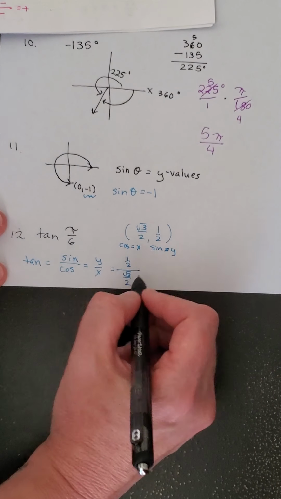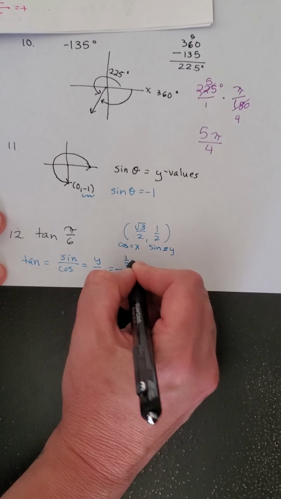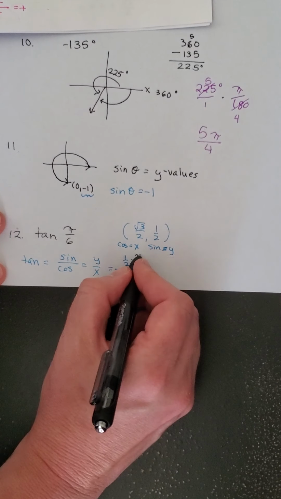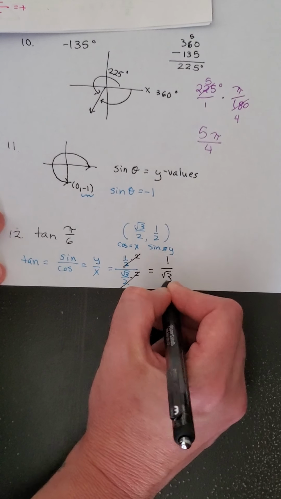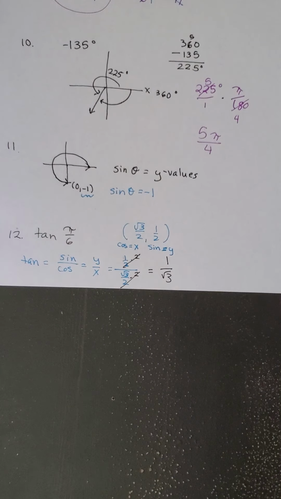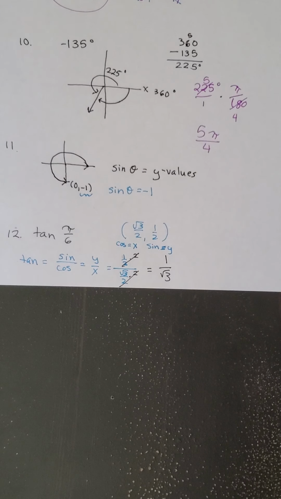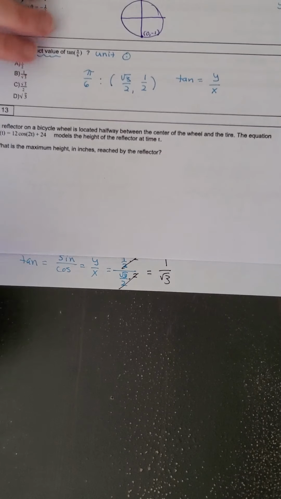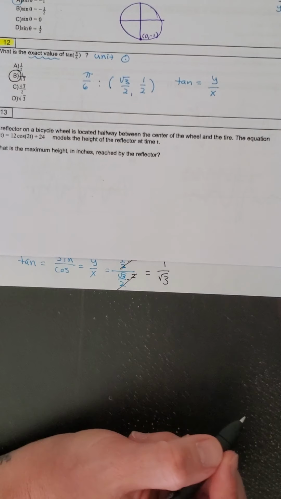We don't want to have a fraction over a fraction, so I'm going to multiply both the top and bottom by 2, and the 2's will cancel. I'll get 1 over √3. Usually we would rationalize the denominator, but this answer actually shows up. It's B, 1 over √3.